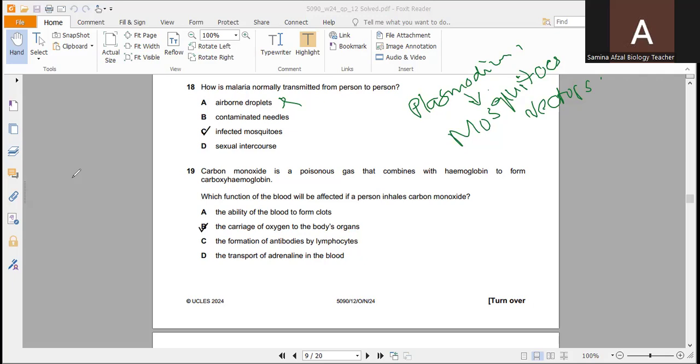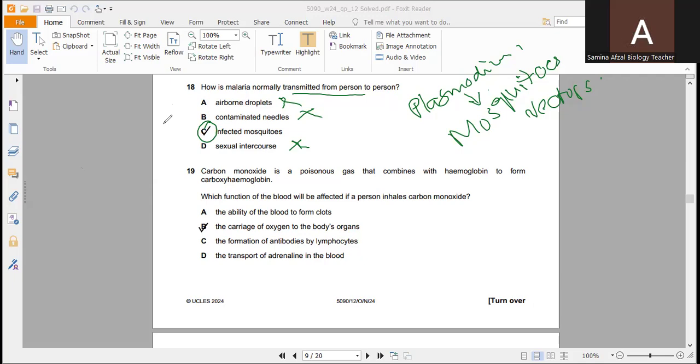The mosquitoes or vectors which have Plasmodium inside are called infected mosquitoes. So airborne droplets are not transmitting malaria from person to person. This is not a contagious disease. Contaminated needles, again, this is not caused by that. It is not a sexually transmitted disease, so it is not transmitted that way. Only infected mosquitoes carry the Plasmodium and transfer it from person to person. So C is the correct option.